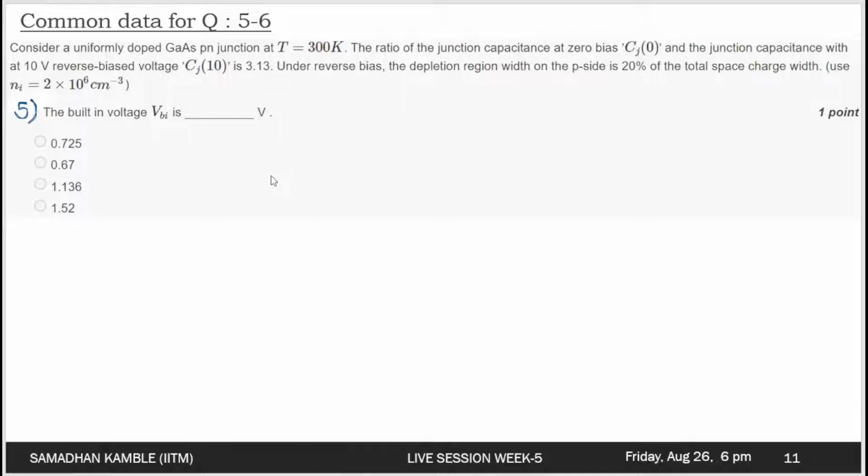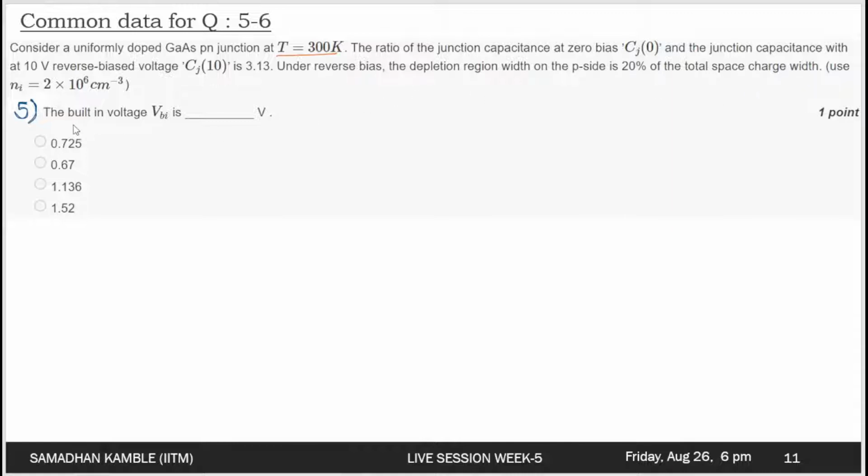Considering a uniformly doped gallium arsenide p-n junction at T equal to 300 Kelvin, the ratio of the junction capacitance at zero bias, so the capacitance when there is no applied voltage is Cj0, and the junction capacitance when there is an applied reverse bias voltage of 10 volt is Cj10, and that ratio is 3.13. Under the reverse bias, the depletion region width on the P side is 20% of the total space charge width. So this is the information.